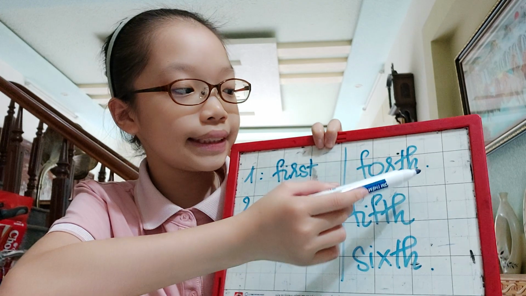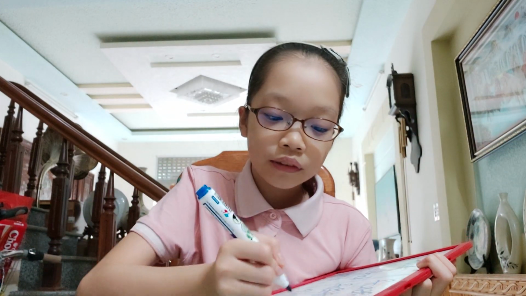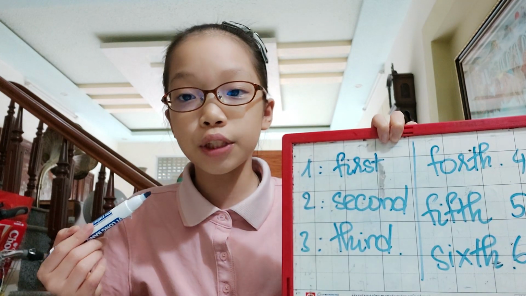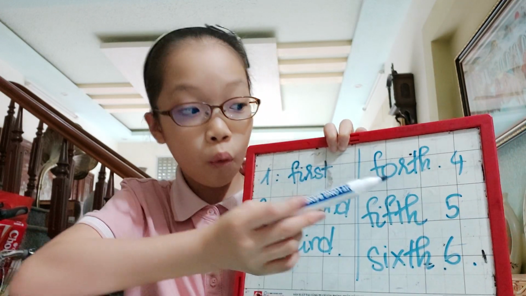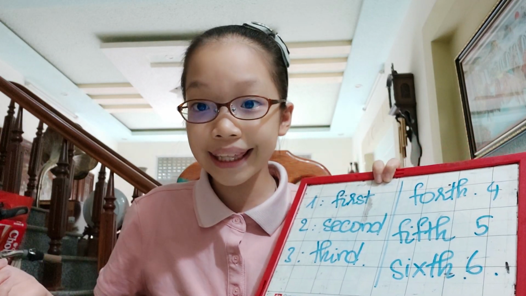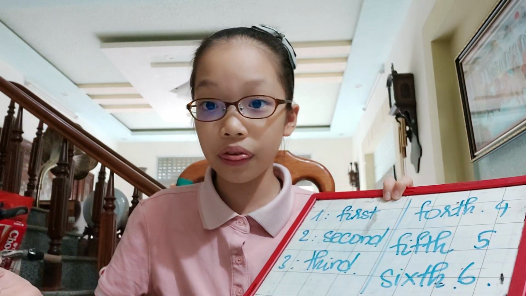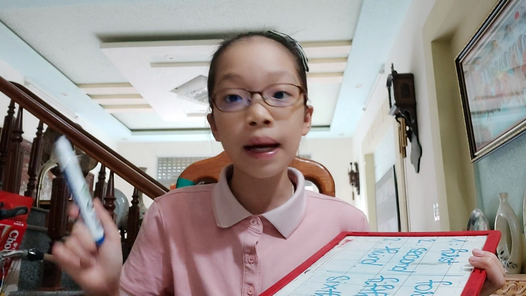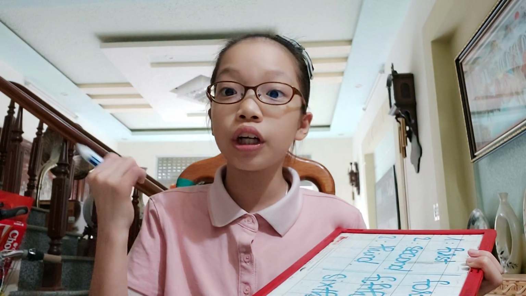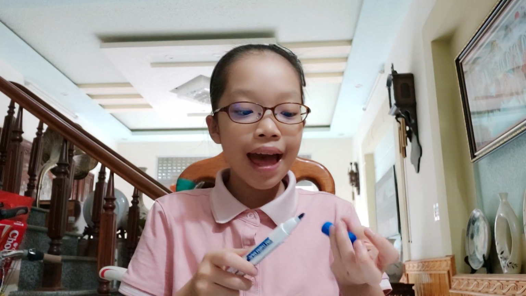You can definitely see that we just need to add those, right? Fourth. Remember, you need to pronounce fourth, fifth, sixth, seventh, eighth, ninth, 10th. So if you learn all the ordinary numbers, you can say ordinal numbers just fine. And then we have finished the second type.